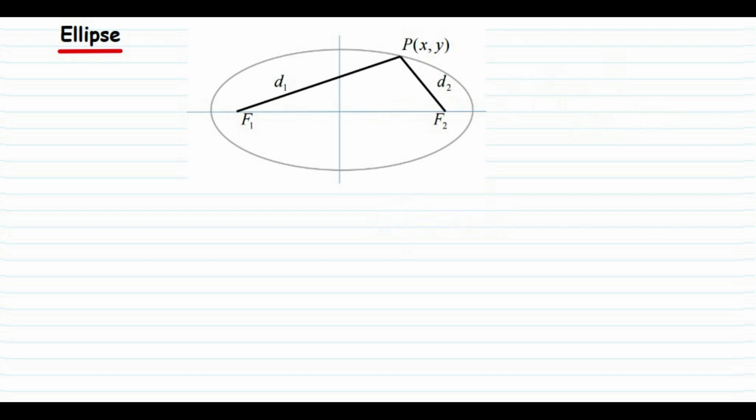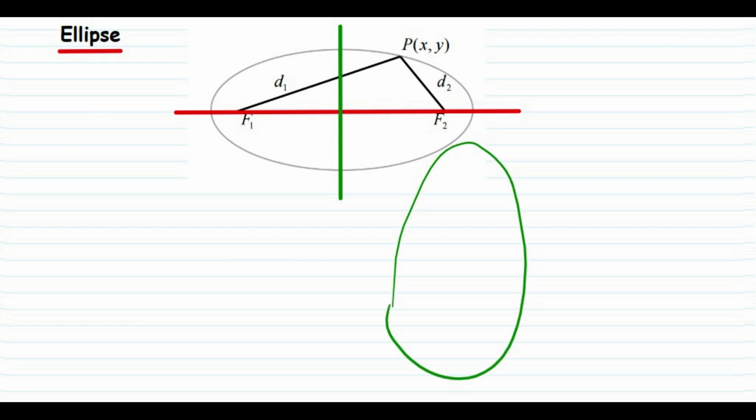Now, a line that cuts through like that, we call it the major axis, because we also have the minor axis. The longer one is the major axis, the shorter one is the minor. It's possible to have an ellipse that is in this direction, where the major axis is the y-axis and the minor is the x-axis.